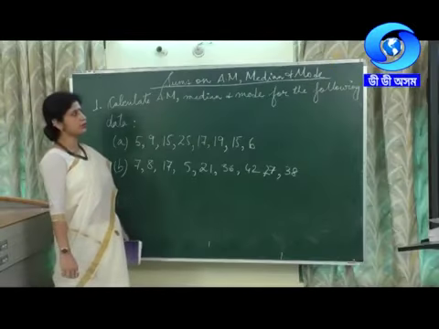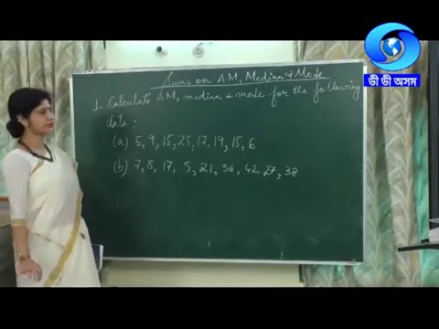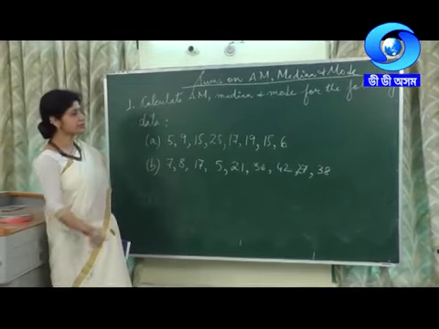While calculating or while doing sums, we should always remember that first we have to look into the sum and understand what kind of a series is given to us.